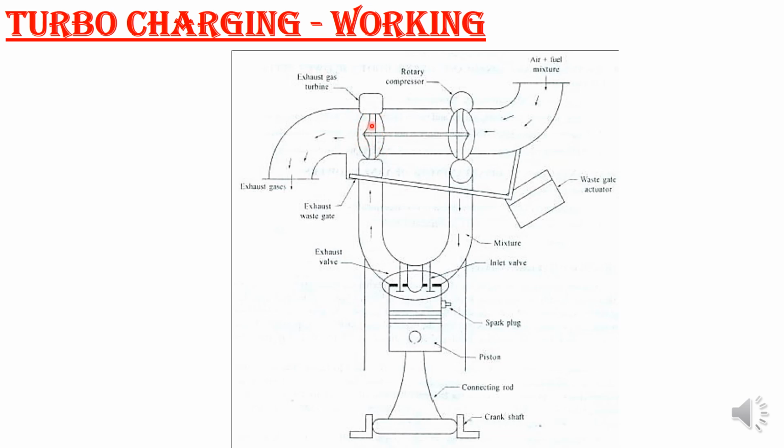This rotational motion drives the shaft of the turbine, which is connected to the rotary compressor. The compressor runs, takes air from the normal atmosphere, compresses it, and sends it inside the cylinder. In this way your turbocharger works.